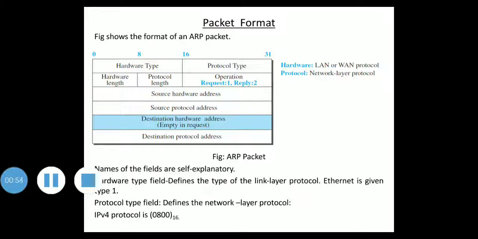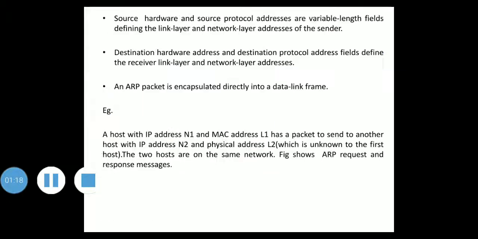0800 base 16. The source hardware and source protocol addresses are variable length fields defining the link layer and network layer addresses of the sender. The destination hardware address and destination protocol address fields define the receiver link layer and network layer addresses.